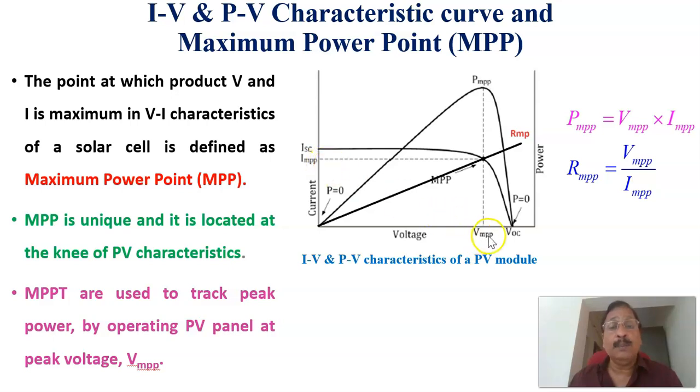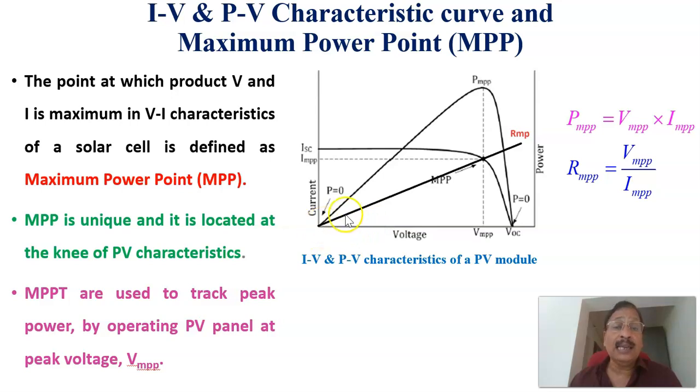The product of VMPP and IMPP gives the maximum power, so PMPP equals VMPP times IMPP. This is the maximum power, this is the voltage corresponding to the maximum power, and this is the current corresponding to the maximum power, and the resistance corresponding to the maximum power is this one, at this point here in the IV characteristics.